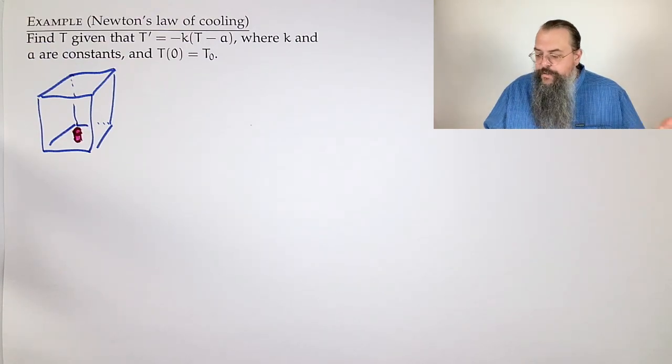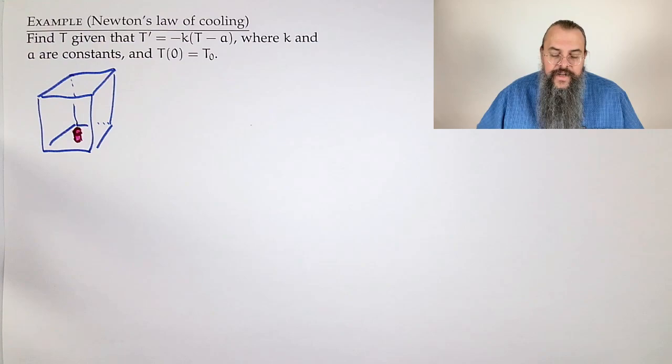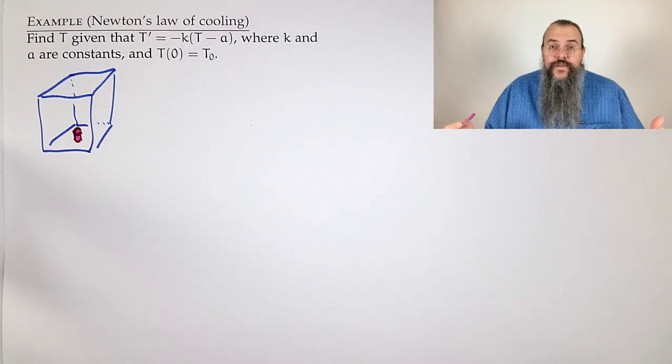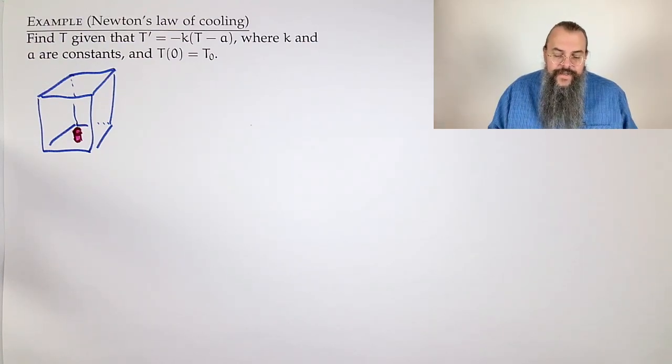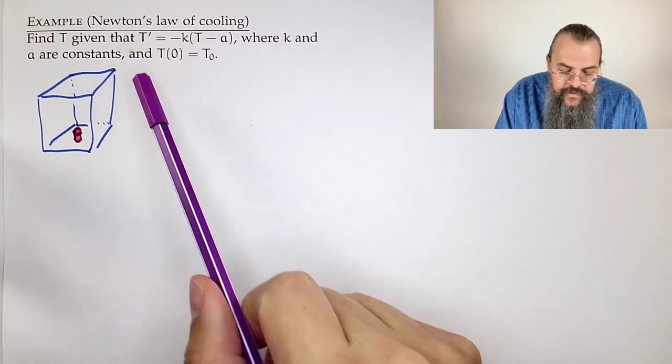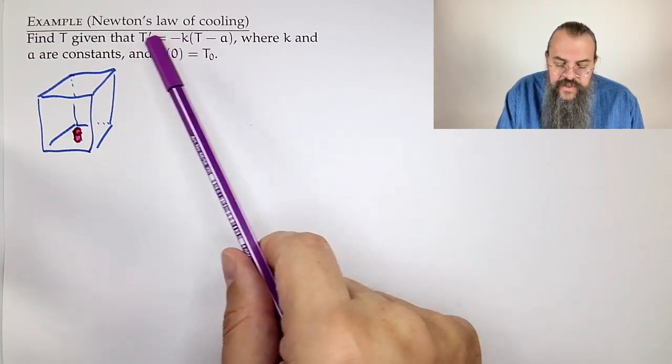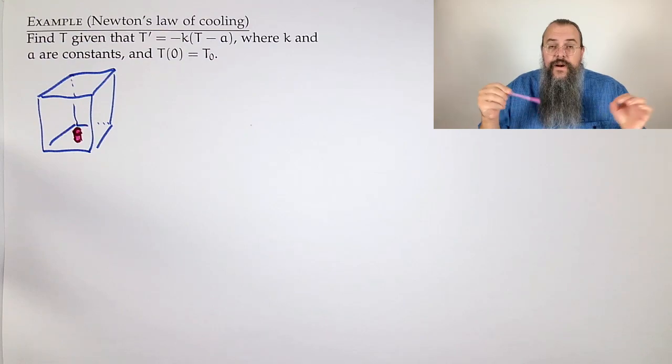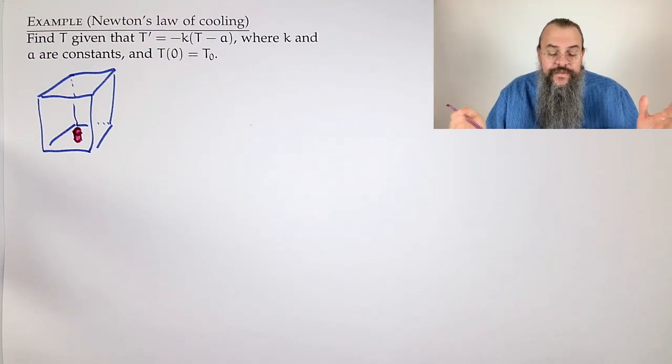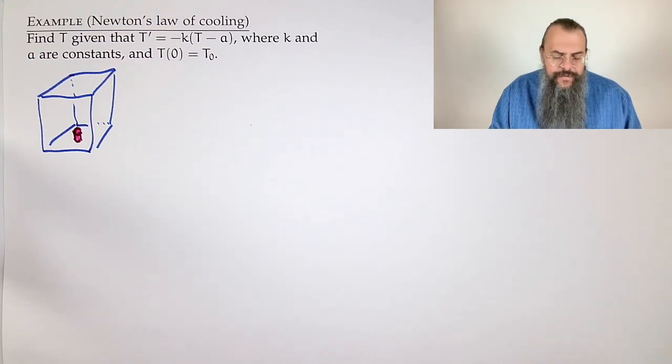And now we want to solve. Okay, great. Well, is this separable? Yeah, it is. Because notice, the only variables that show up are capital T. There's none of the independent one, the time, that we think of. So yeah, we can always separate this.